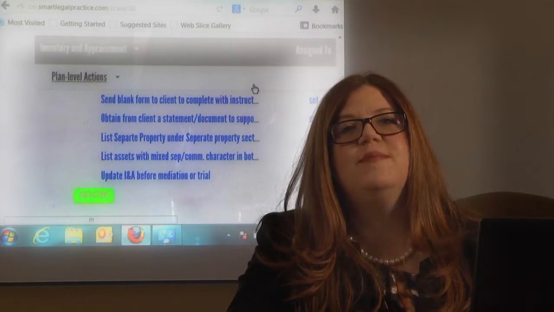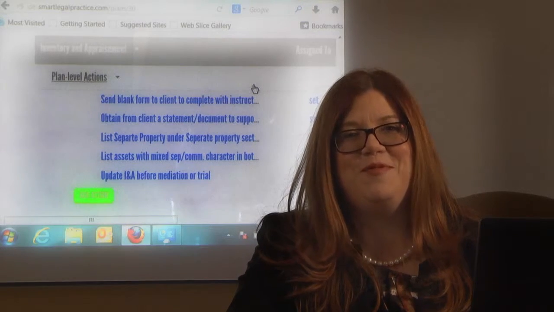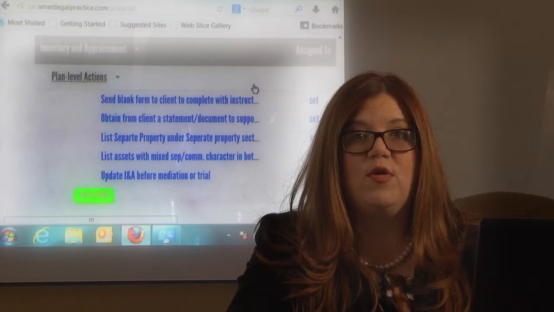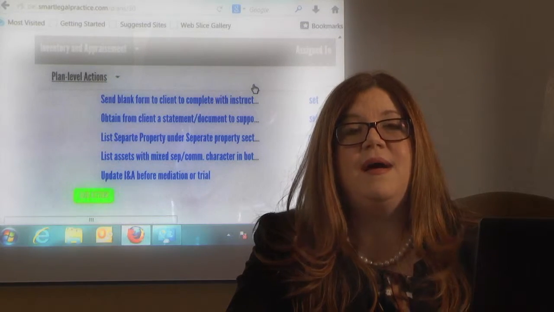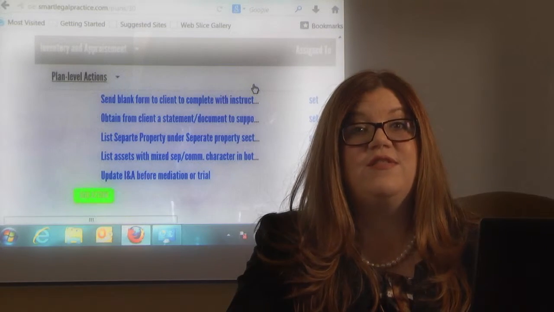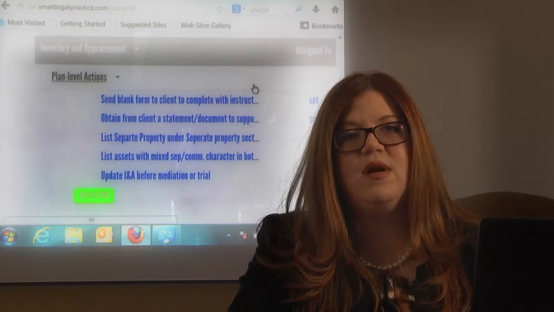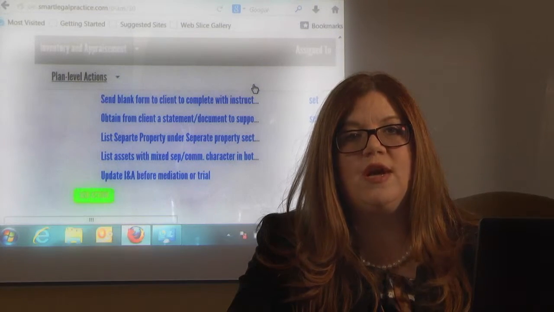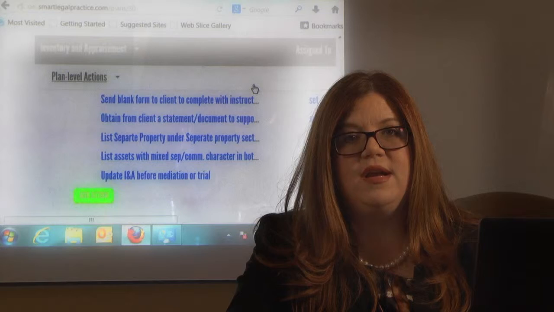So I started building my inventories with a little bit more detail. I asked them to give me a piece of paper to support every number, and then I tab behind the inventory. I tab and attach that so the other side sees how I got every number. And it really forces you and the client to put some really good work into the inventory and end up with a really good product.